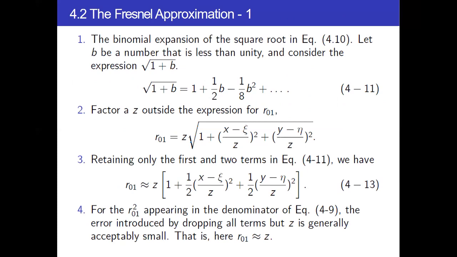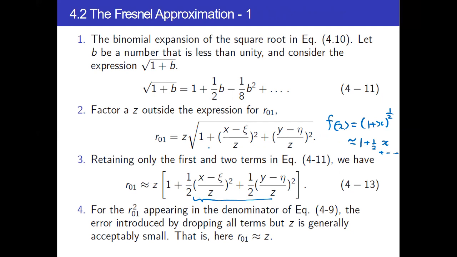And then we have a z, and then we have these terms, okay? And then we have only the first two terms. So if f is a square root function, this can be approximated by, okay, this is the Taylor expansion, nothing but the Taylor expansion.